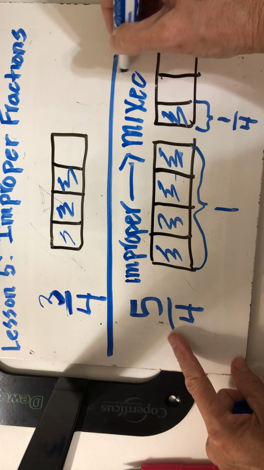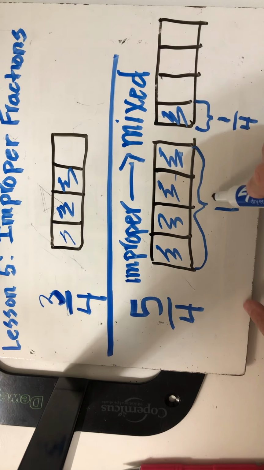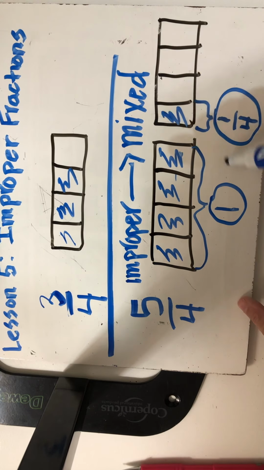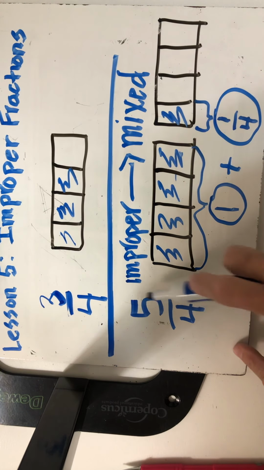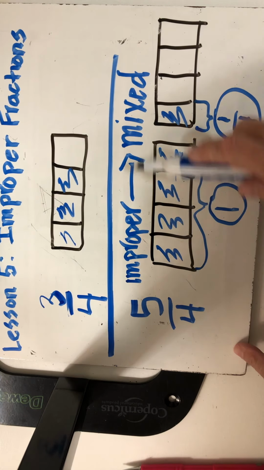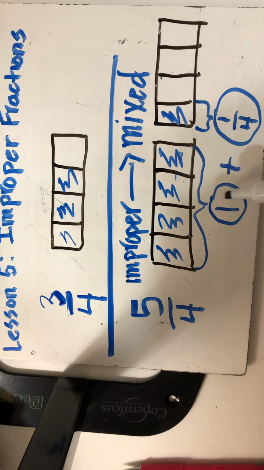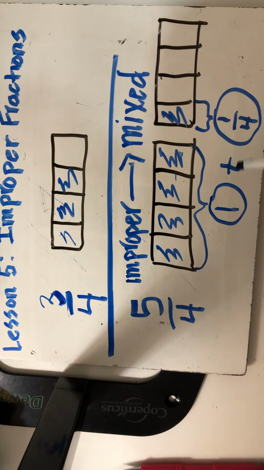A mixed fraction means that we have a whole number, like one whole, and we have a fraction. So improper is shown as a fraction with the numerator being larger than the denominator, and I can show that as a mixed fraction. 4 of those fourths is 1 whole, plus 1 more of the fourths is 1/4. So 5/4 is equal to 1 1/4.